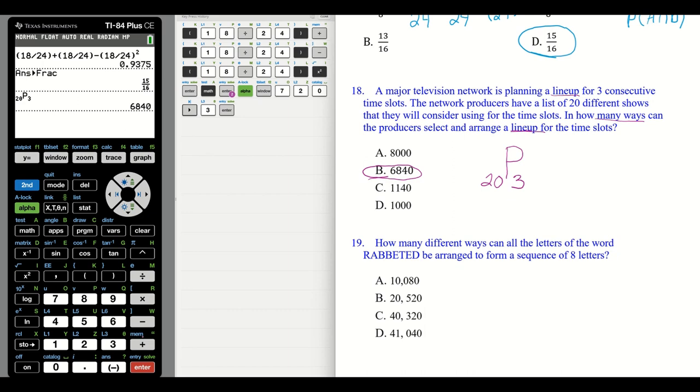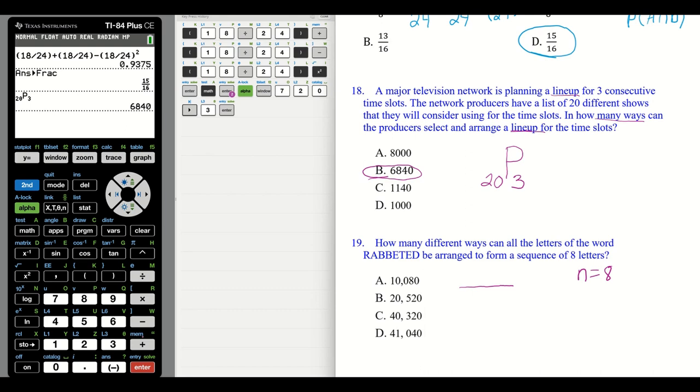Number 19, how many different ways can all the letters of the word rabbited be arranged to form a sequence of 8 letters? You can look up that word. It has to do with wood and fixing wood. Okay, all right. So we have a total of n equals 8, and we are not asked probability.